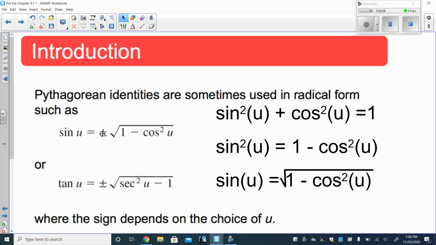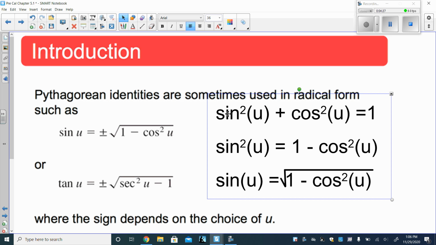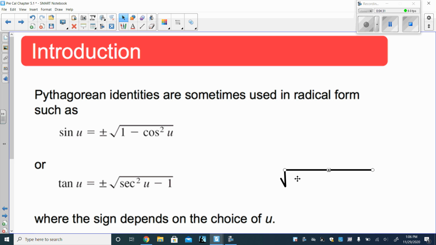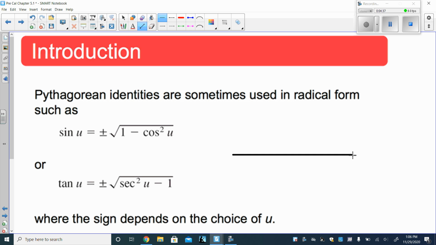So sine of our angle is equal to plus or minus the square root of 1 minus cosine squared of that angle. Now, the sign plus or minus depends on the choice of u. That seems a little weird. Why is it all dependent on u? Well, what they're really talking about is our angle in the quadrants.